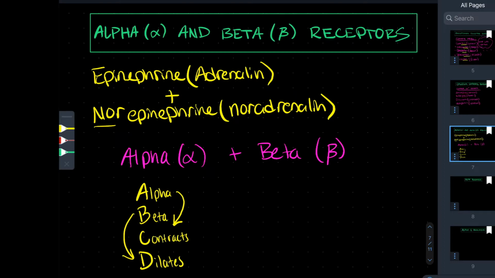So for example, if you have an alpha agonist, what is an alpha agonist going to do? It's going to imitate epinephrine or norepinephrine binding to an alpha receptor, which means a contraction or constriction.